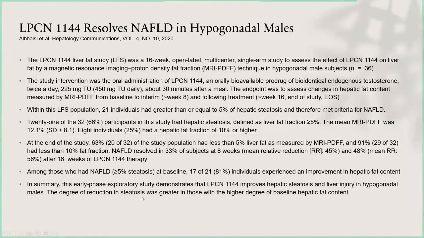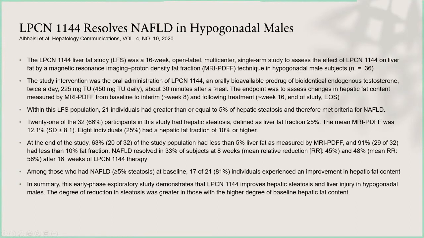So this is a very recent study that was published last year, looking at oral testosterone and its effect on liver fat in patients who are hypogonadal. This one is the LPCN 1144 liver fat study, part of a larger study looking at this particular oral testosterone preparation.